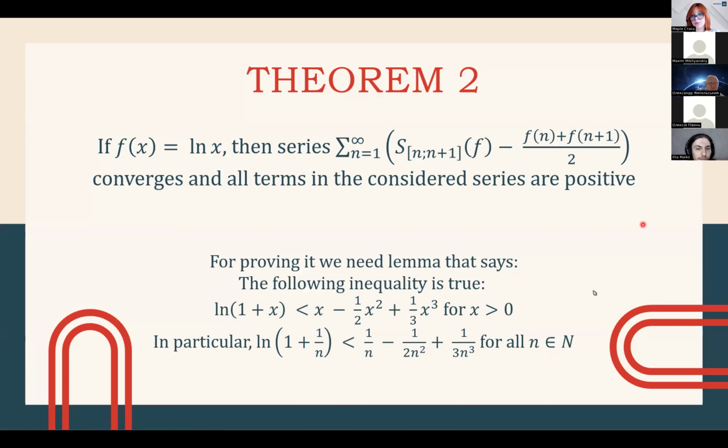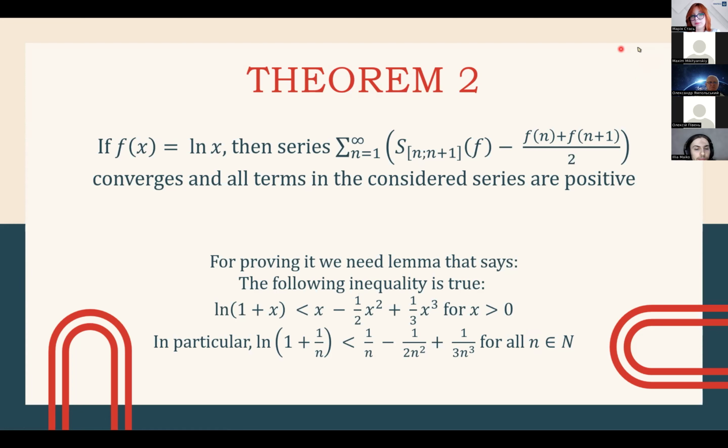And then we are getting to theorem 2. If our function is equal to logarithm x, then the series of sums that we saw on the previous slide converges, and all terms in the considered series are positive.